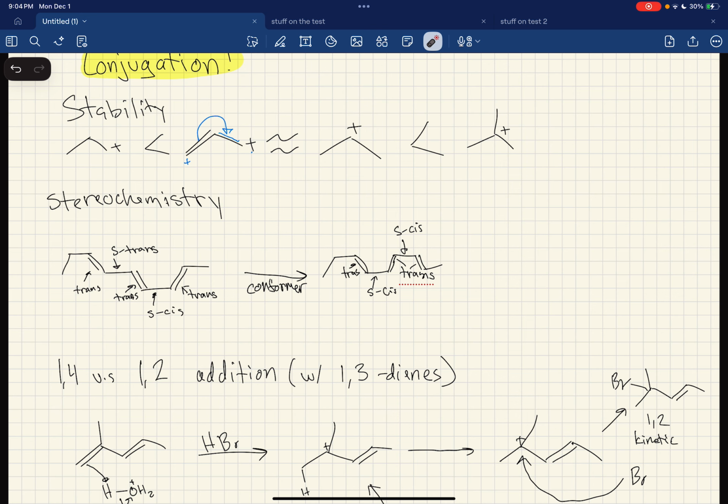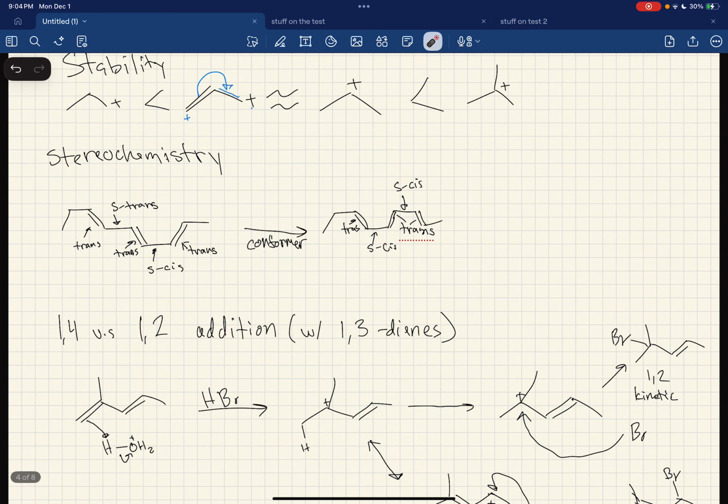And then a quick thing with stereochemistry. Kind of the same as you learned in the past, except for now we have S-trans and S-cis. And the S is talking about the sigma bonds, specifically how the double bonds are oriented around the sigma bond. So this is S-trans because these are trans to each other. This one is S-cis because these are cis to each other. And you can change the sigma bond orientation as much as you want because you can freely rotate around this.